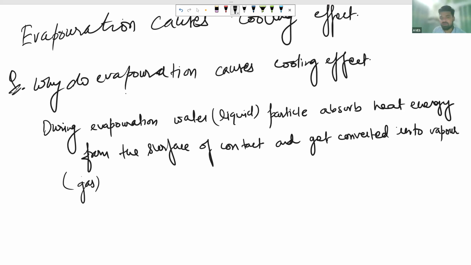During evaporation, water liquid particles absorb heat energy from the surface of contact and get converted into vapor, which is gas, and thus in turn cool the surface.